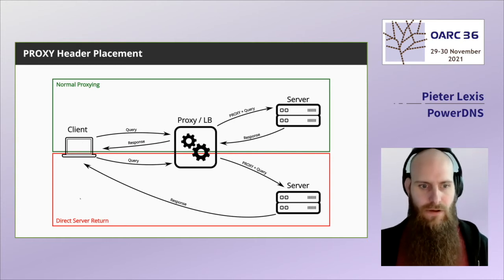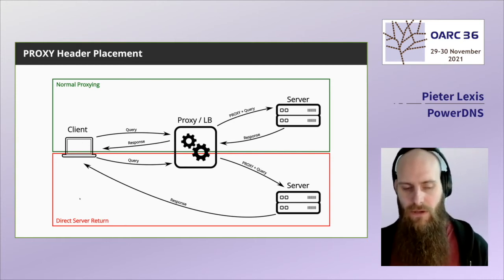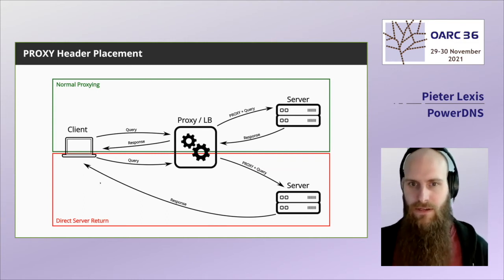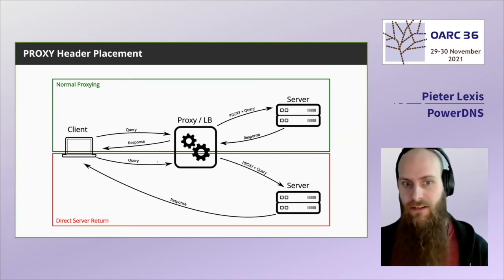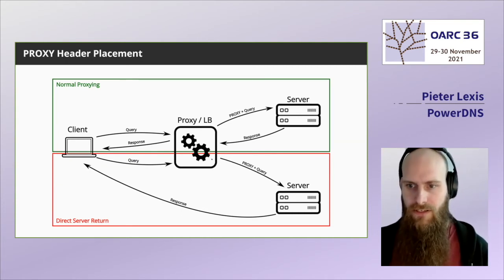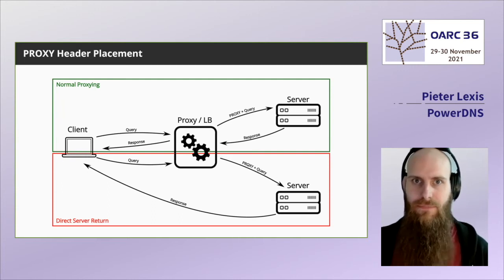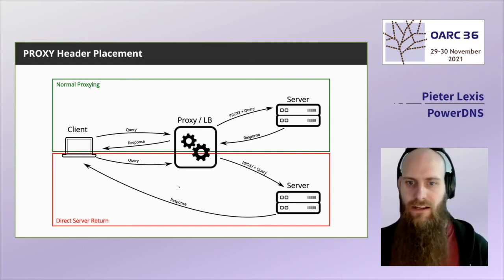You could also have direct server return. We have not implemented this because we like having our proxy keep statistics, but there it's exactly the same. The client sends a query, the proxy sends the query off to the backend, prepending the proxy header, and then the response immediately goes back to the client.